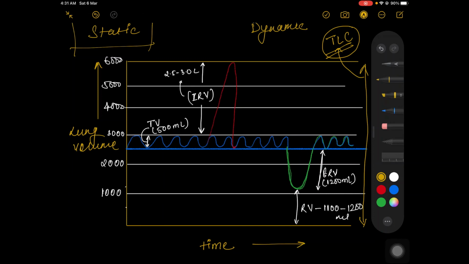Now if I add up the inspiratory reserve volume and the tidal volume, I will get the inspiratory capacity.